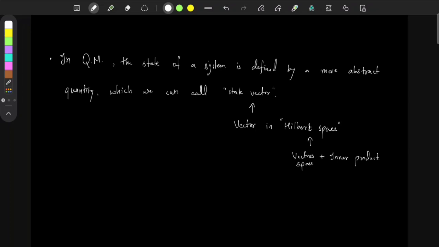For now, you can just think of Hilbert space as some set, and vector space and inner product space are basically some structure defined on that set. In fact, that's how we define space in mathematics: a space is some set plus some structure on that set.